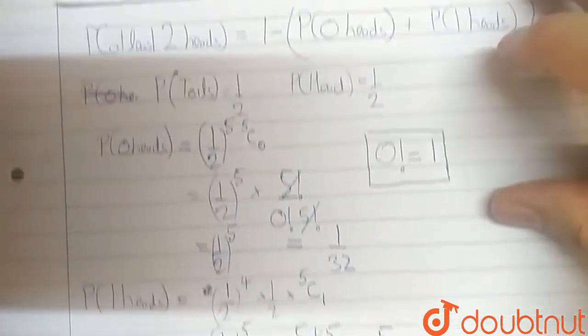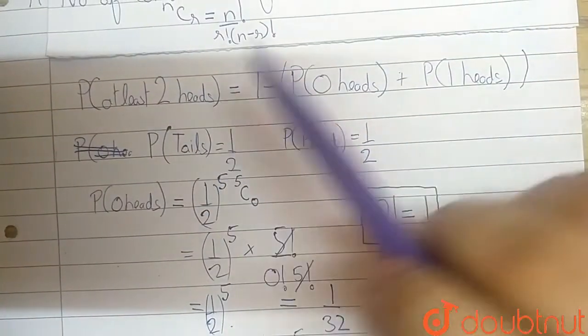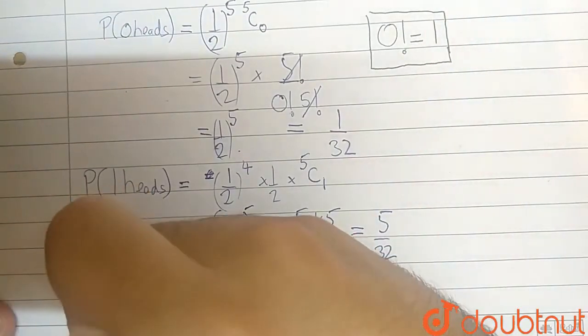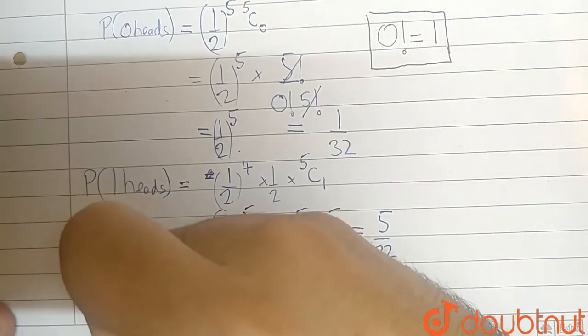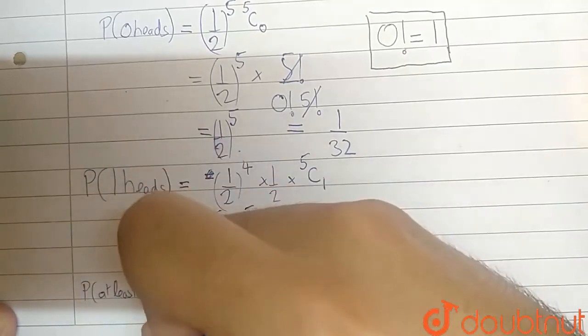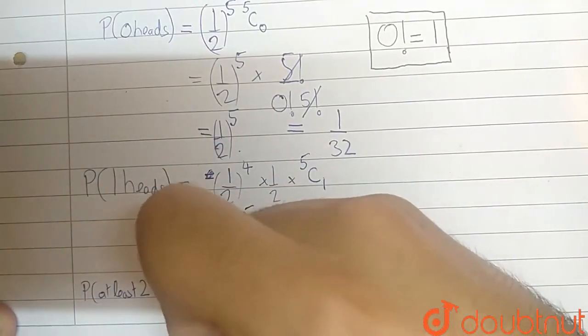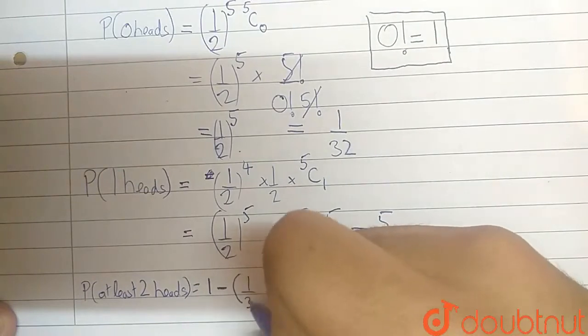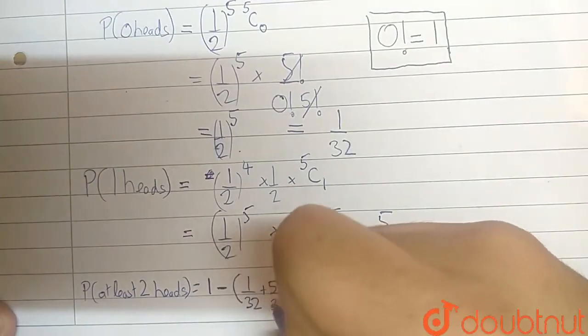Now we can find probability of at least 2 heads using this formula. So P of at least 2 heads is equal to 1 minus (1 by 32 plus 5 by 32).